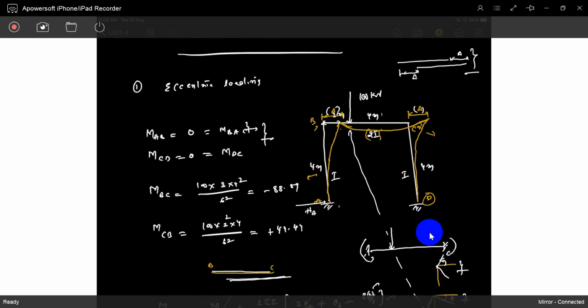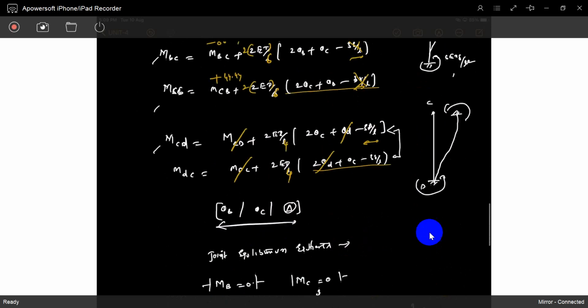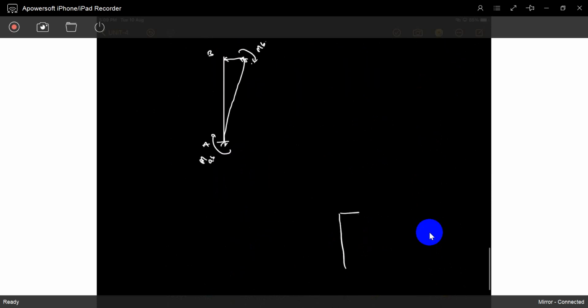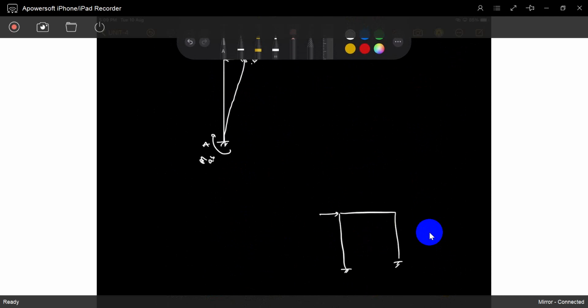It's getting a horizontal reaction. If it is tilting to one side, compulsorily it experiences a horizontal force.